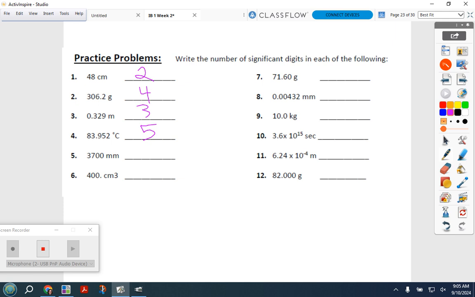Okay, so it could be 4, right? Because we've got 4 numbers here, right? These are trailing zeros. There's no decimal point here. Do we count them? No. So how many total sig figs are there in this as written? 2, exactly. Yep.